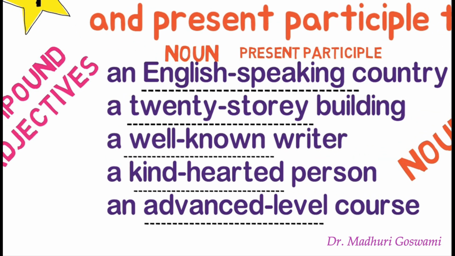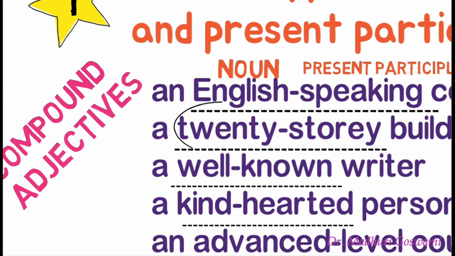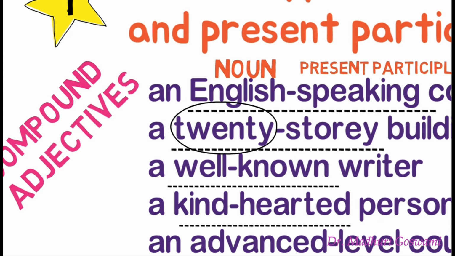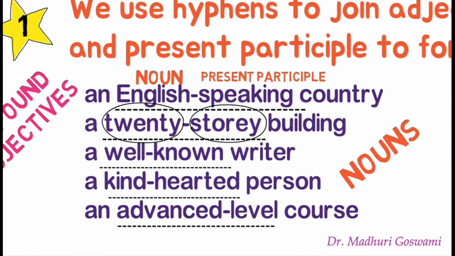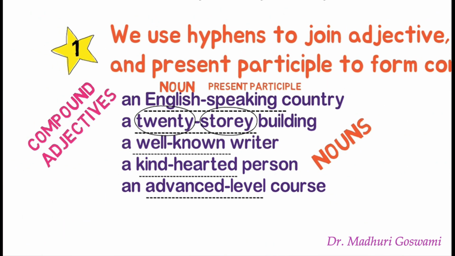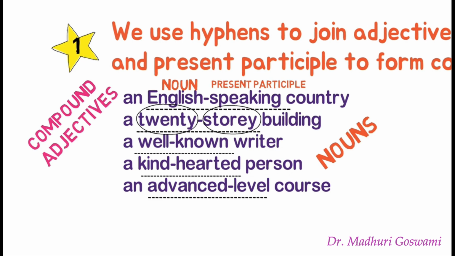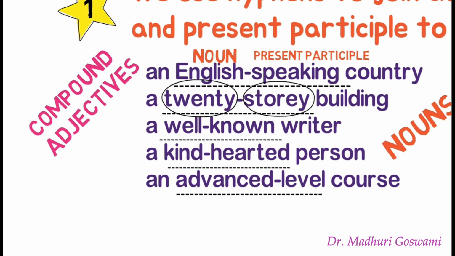Did you notice in this example, a 20-story building, the first part of this compound adjective is a number and that is 20. It's a plural number. However, the hyphenated word story is used in its singular form. It's not used in its plural form. Is it correct? Yes, it is correct. Then what's the reason? We will catch on to the rule for this shortly in this video, so stick around.